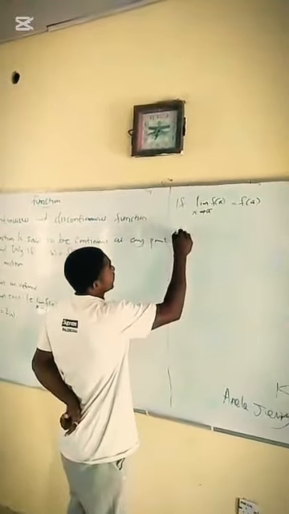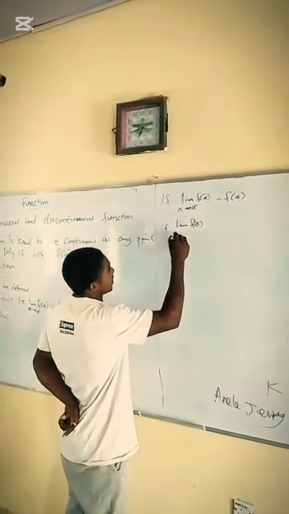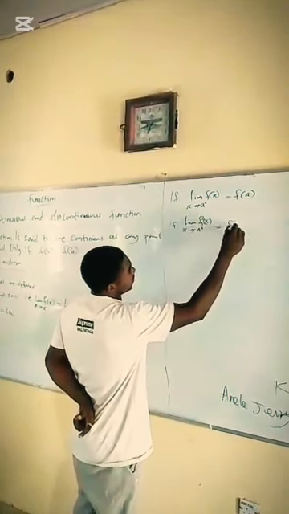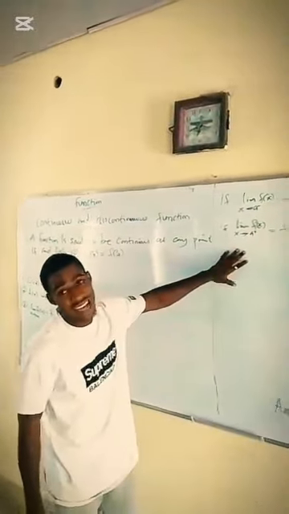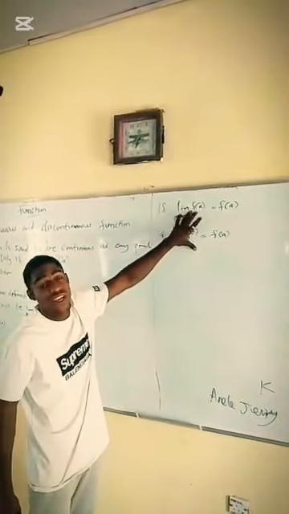And if the limit of f of x as x approaches a from the right is equal to f of a, we say the function is continuous from the right. But this one doesn't guarantee the continuity of a function.